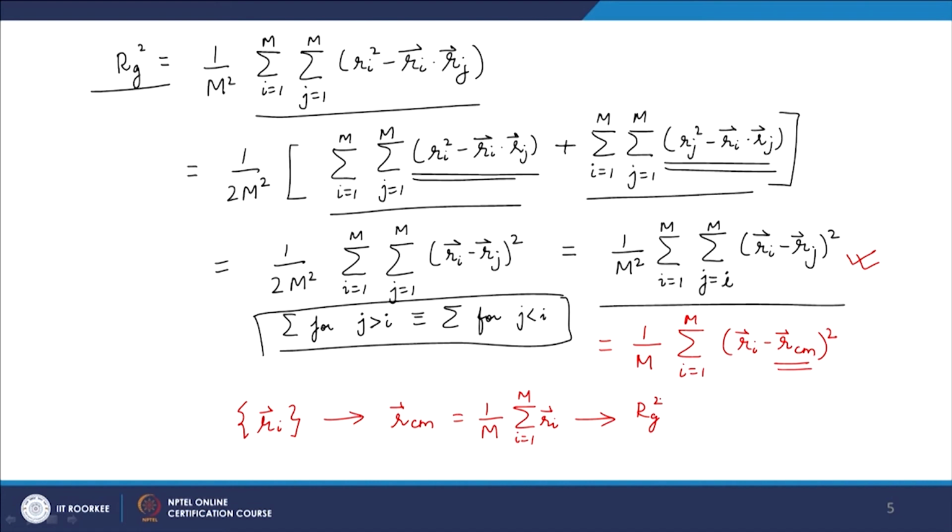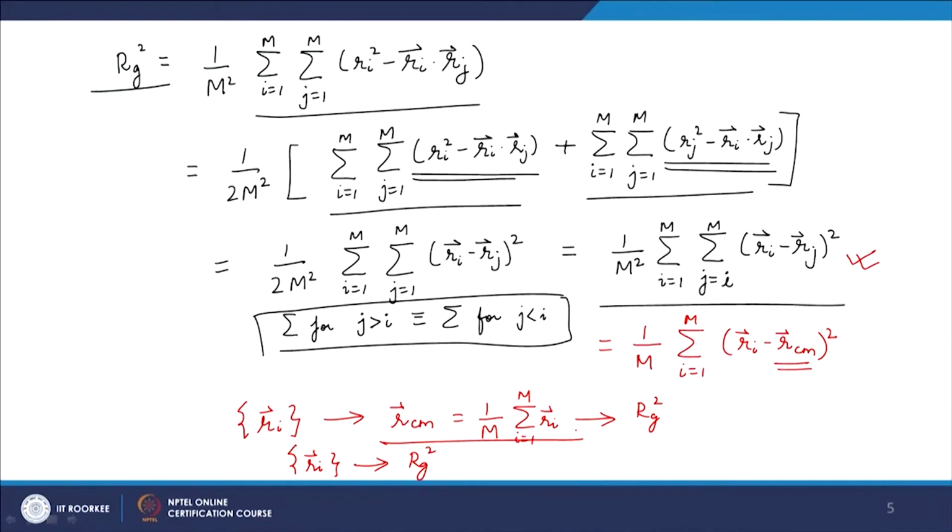Okay. The advantage now is with the new expression I can start with the Ri values and I can directly get the Rg square value without the need of computing the center of mass.